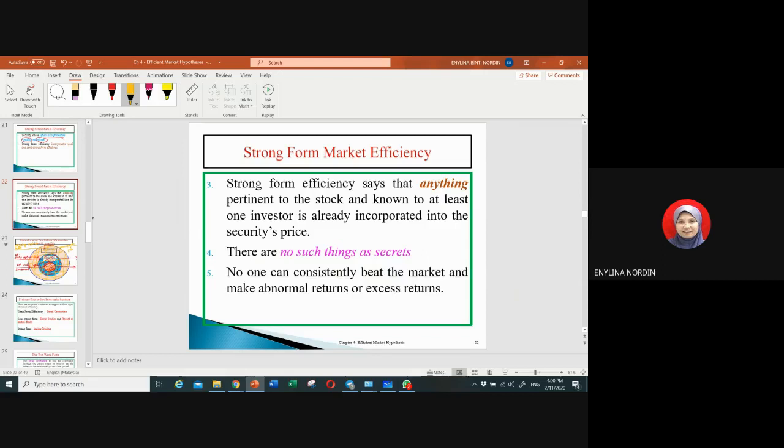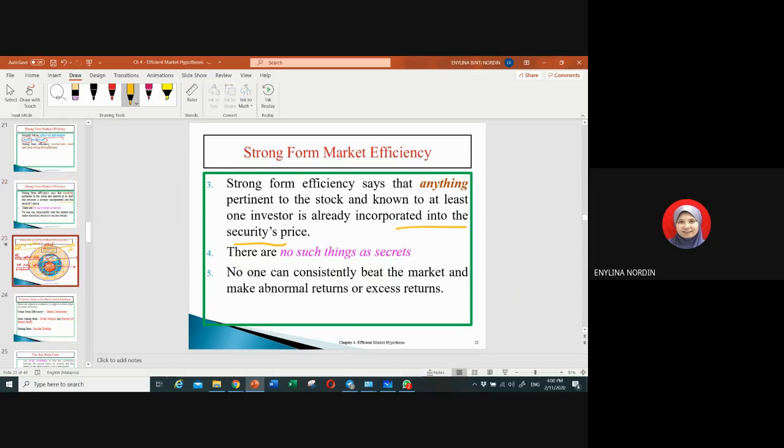Strong form efficiency says that anything relating to the stock and known to at least one investor, once it becomes rumors, any secrets of the company become rumors, this information will be quickly responded to, incorporated, or absorbed into the stock price. So no one can constantly beat the market.